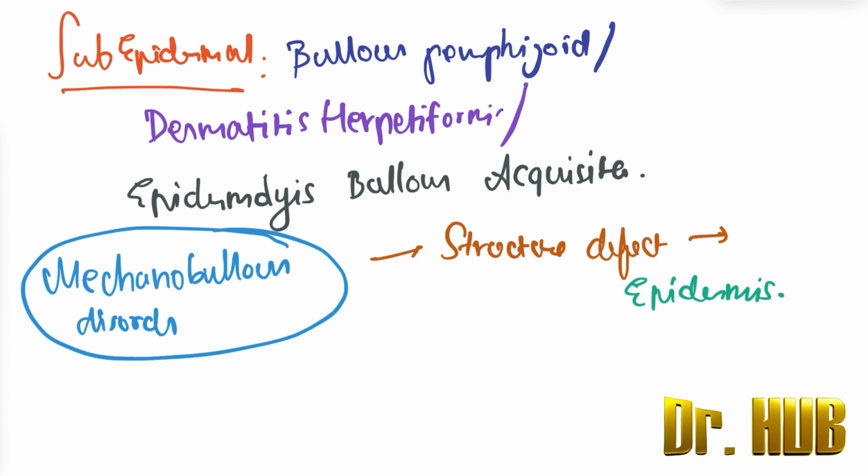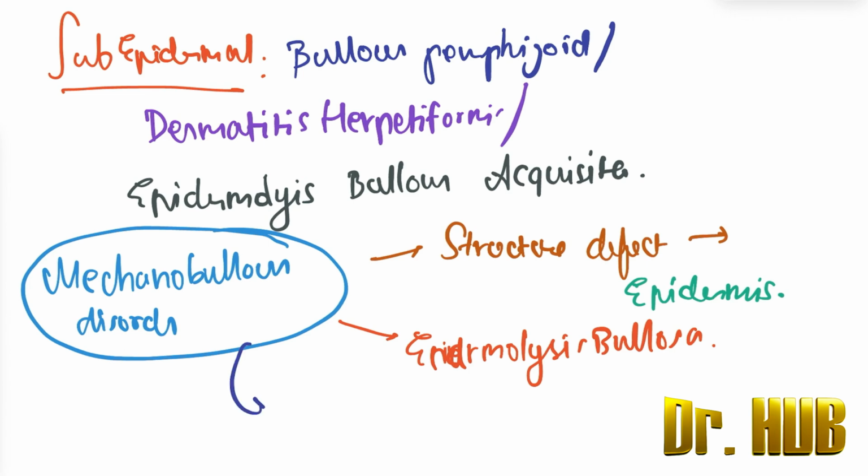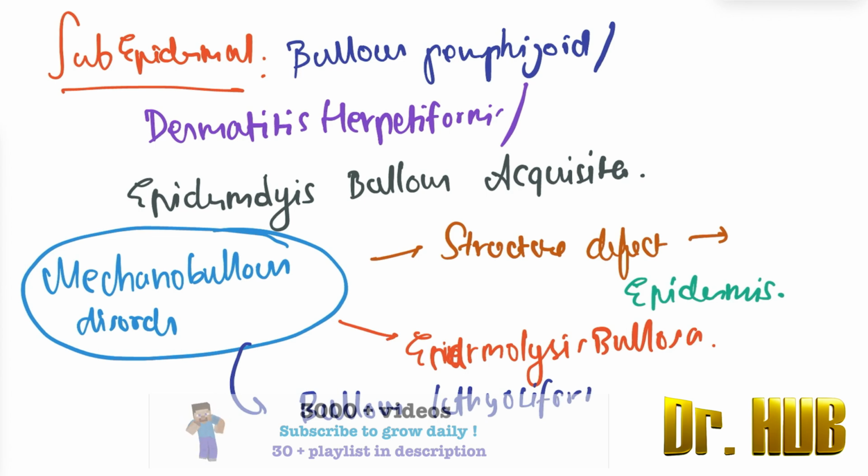Under this it includes epidermolysis bullosa, as well as bullous ichthyosiform erythroderma.